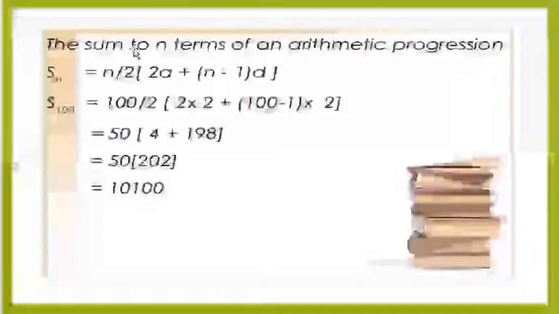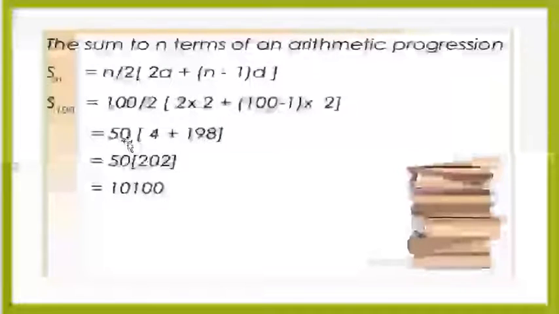Then, for the sum to n terms of an arithmetic progression, we write down the summation equation once again: Sn is equal to n upon 2 into bracket 2a plus n minus 1 into d. We have to find the sum of 100 terms, so Sn is equal to 100 upon 2 into bracket 2 into 2 plus bracket 100 minus 1 into 2.